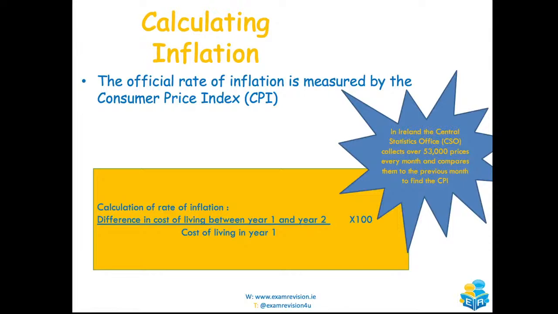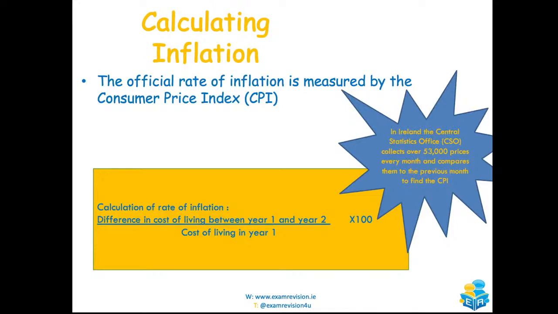Okay, and in Ireland, the Central Statistics Office collects over 53,000 prices every month and compares them to the previous month to find the Consumer Price Index. Okay, so that's how it's found in Ireland. But if we're looking at the rate of inflation from one year to the next, this is the formula that we use.